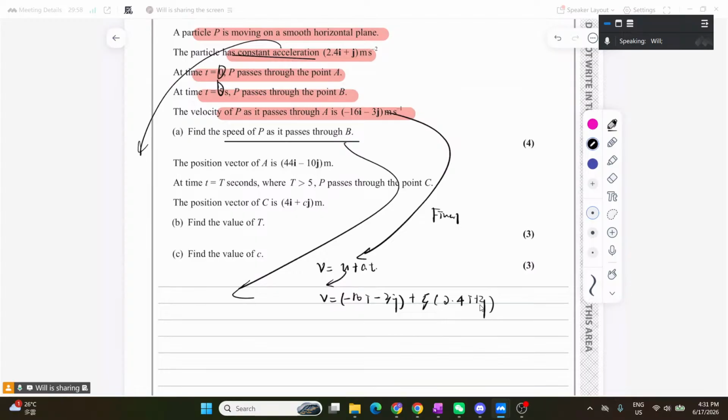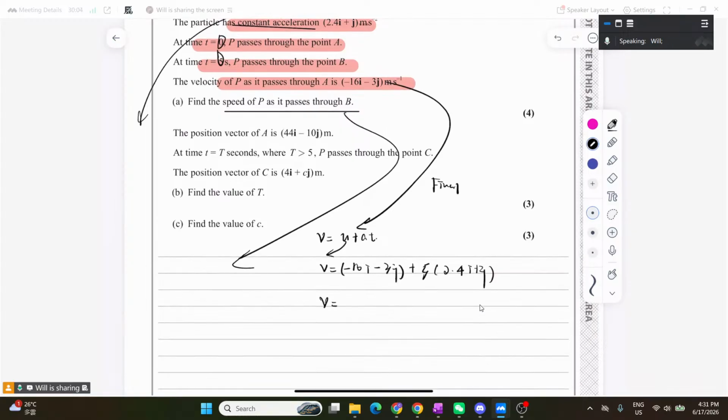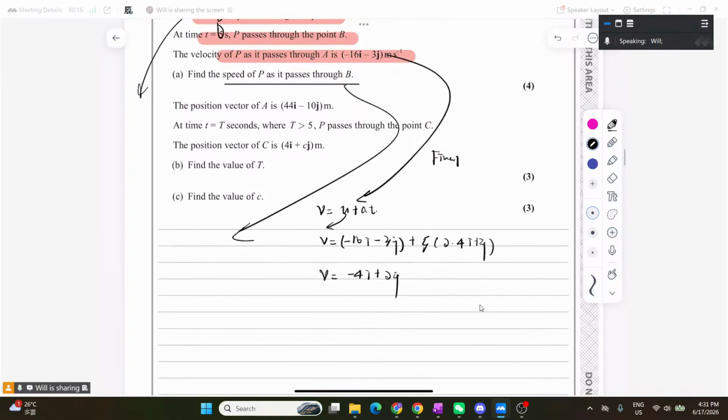Understand? No problem. And simplify, we can get the vector form of the final velocity: negative 4i plus 2j. No problem. And then use the modulus form.